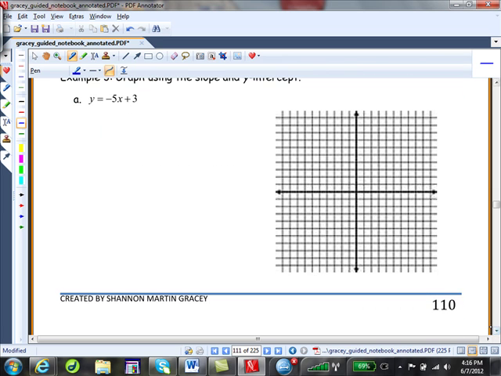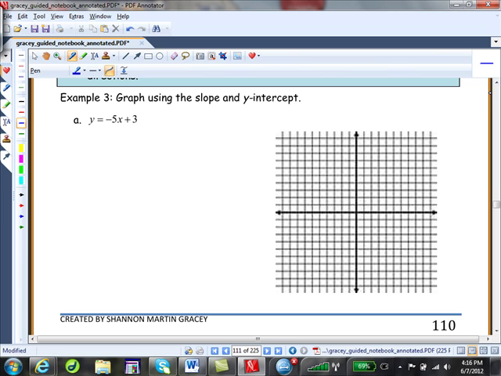All right, so here we go. Graph using the slope and the y-intercept. So this is what we do. M is -5 and B is +3. So M is equal to, do you guys want to go down or left?